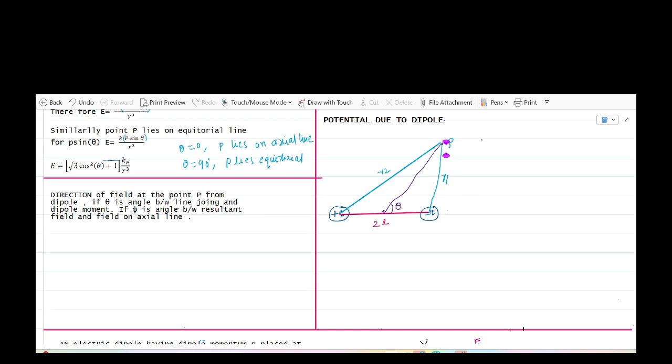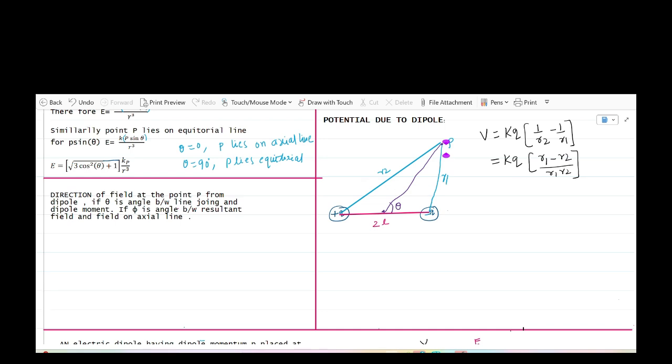So now potential at point P is equal to KQ into (1 by R2 minus 1 by R1), because we know potential for a positive charge is positive and for a negative charge is negative. So that is equal to KQ into (R1 minus R2) by R1 R2. So this is the potential formula.